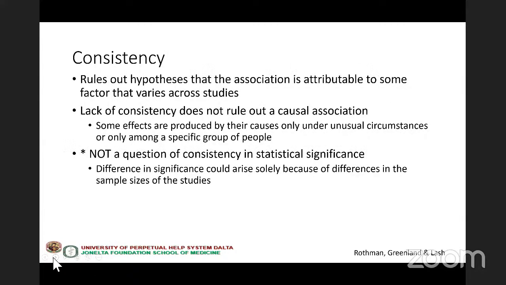Next would be consistency. So what is consistency? So this rules out your hypothesis that the association is attributable to some factors that may vary across studies. Although lack of consistency does not rule out a causal association, okay, some effects may be produced by their causes only under unusual circumstances or only among a specific group of people.